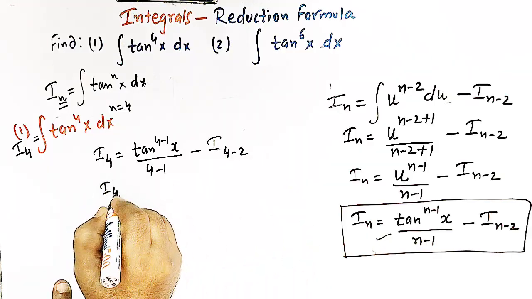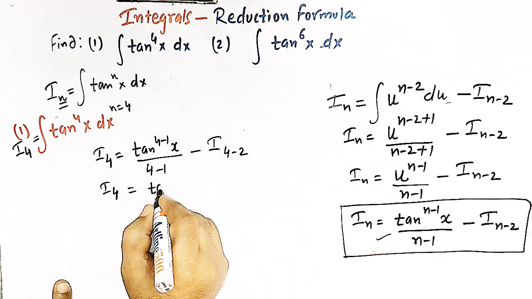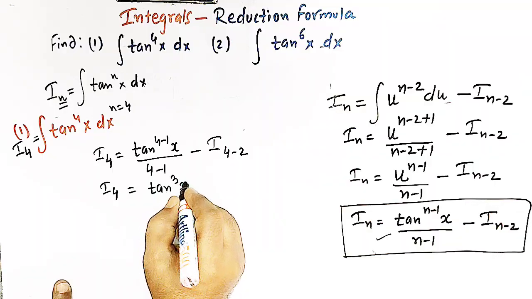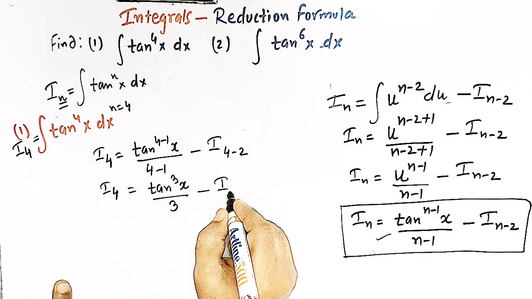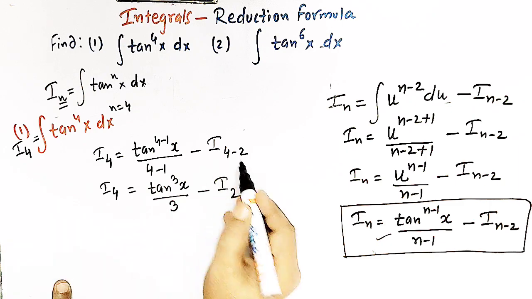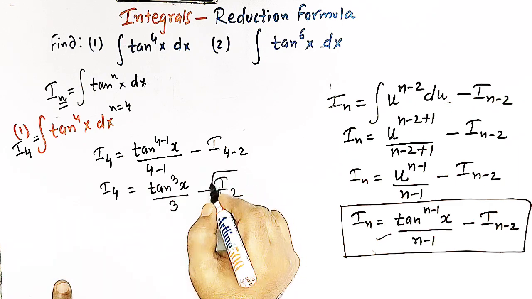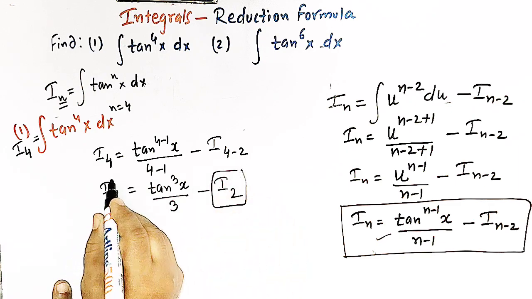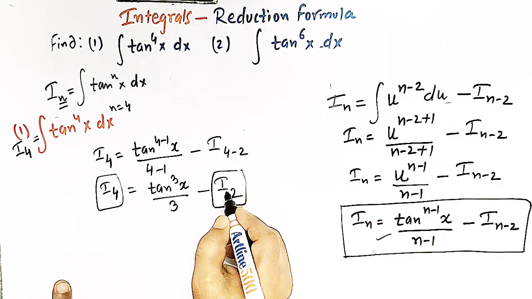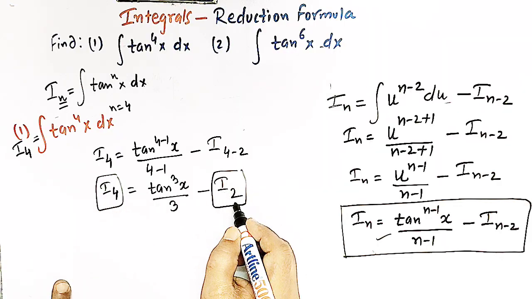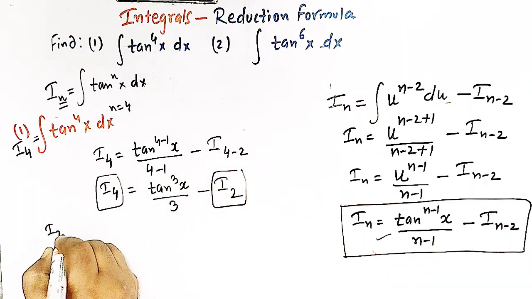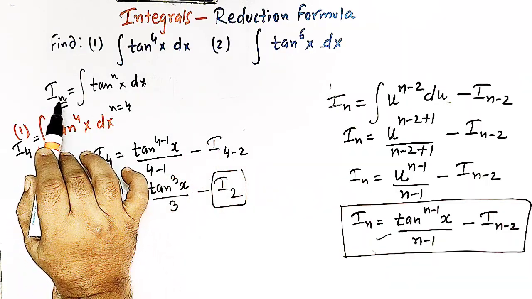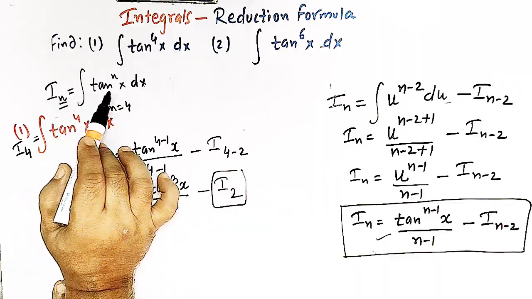So now we have I 4 is given by tan cube x over 3 minus I 2, right? 4 minus 2 is 2. So now to get the value of I 4, we need to find out I 2, right? And I 2 can be obtained by taking n is equal to 2 in this expression.